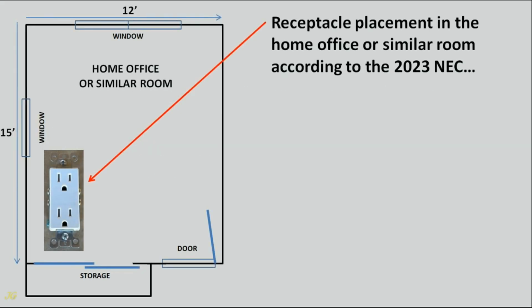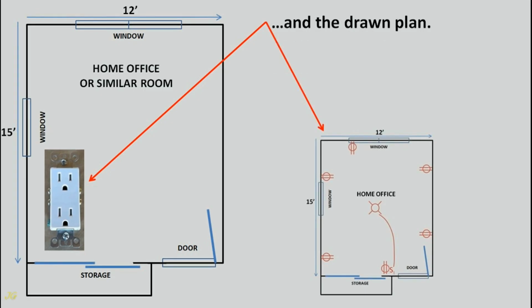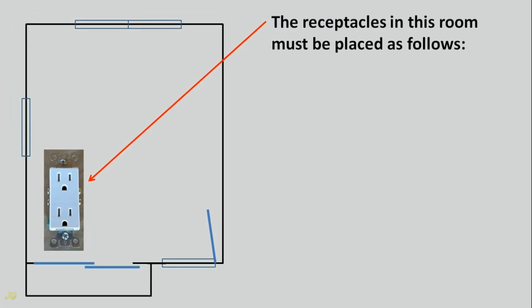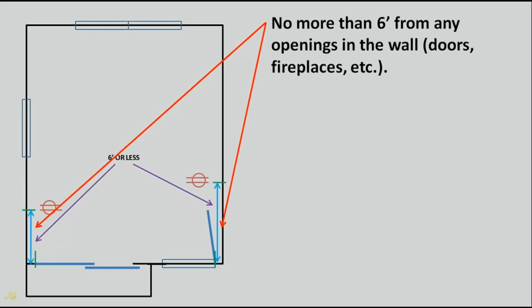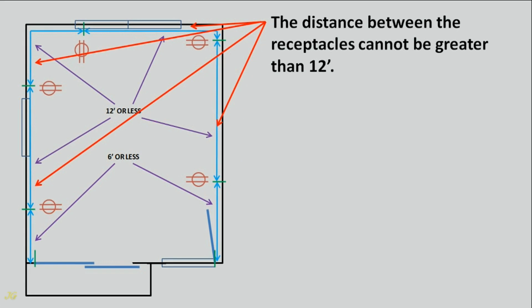Receptacle placement in the home office or similar room according to the 2023 NEC. And the drawn plan. The receptacles in this room must be placed as follows. No more than 6 feet from any openings in the wall, doors, fireplaces, etc. The distance between the receptacles cannot be greater than 12 feet.